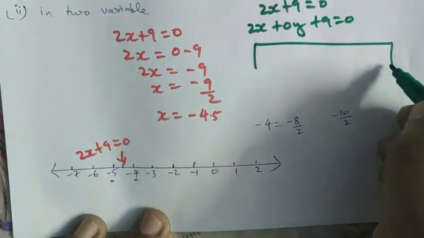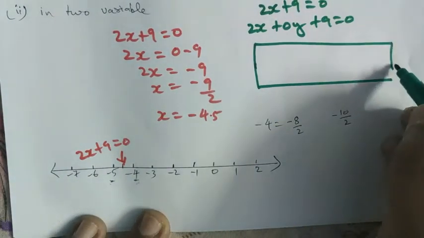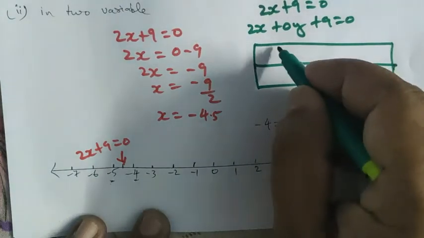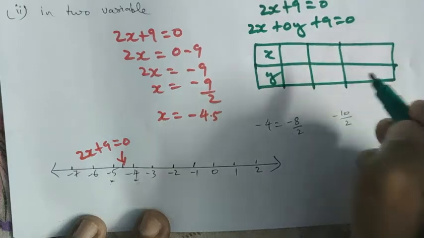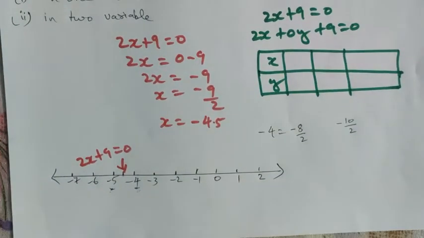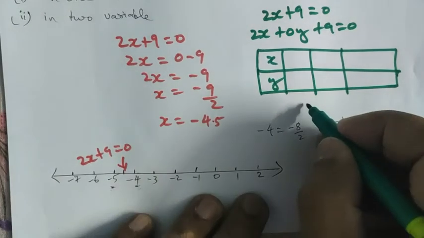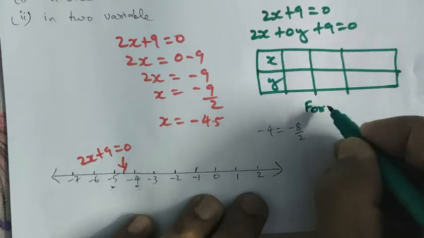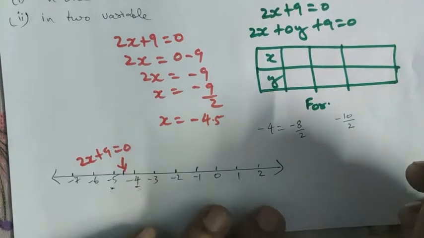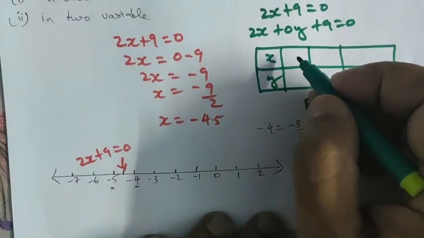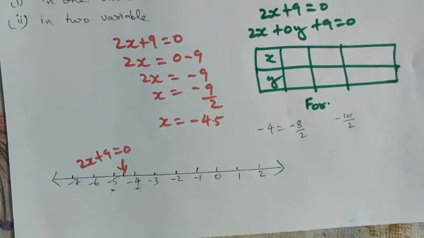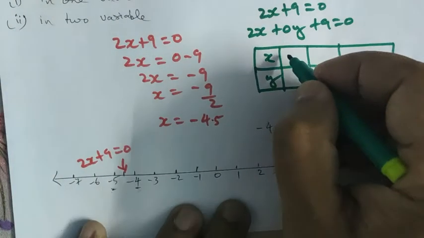Suppose we want to have 3 points for this. For all the values of y, the value of x will be minus 4.5 only.